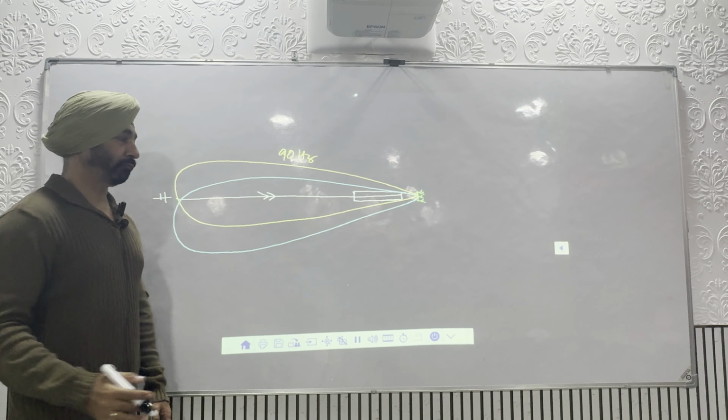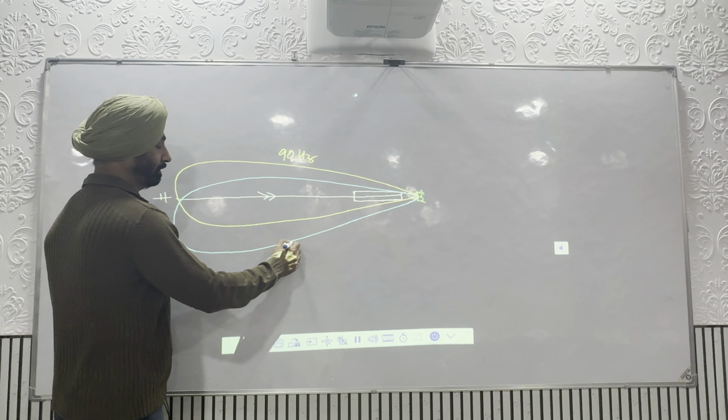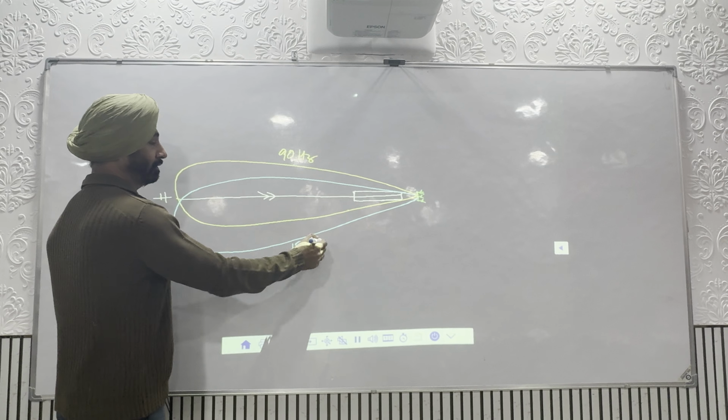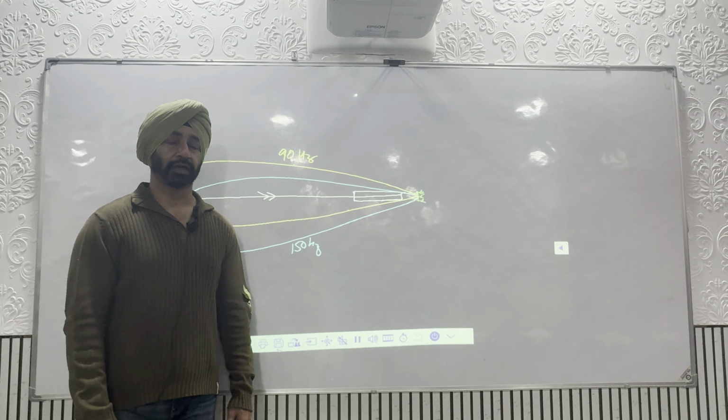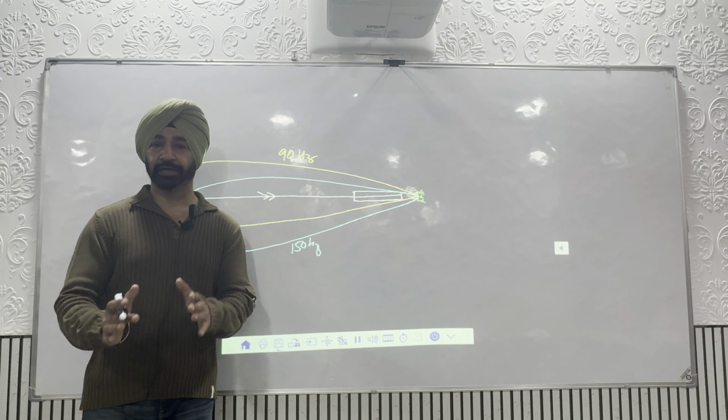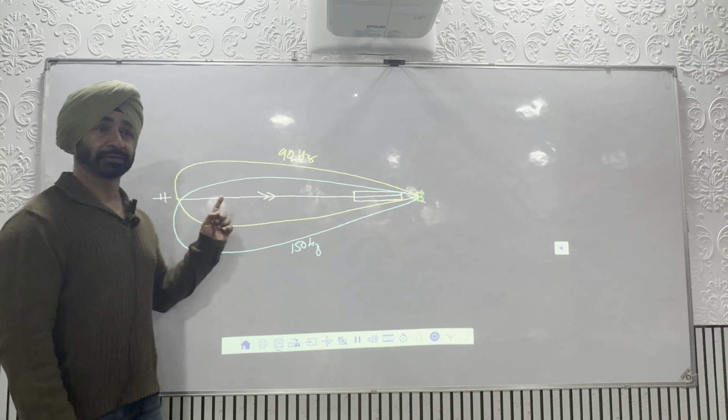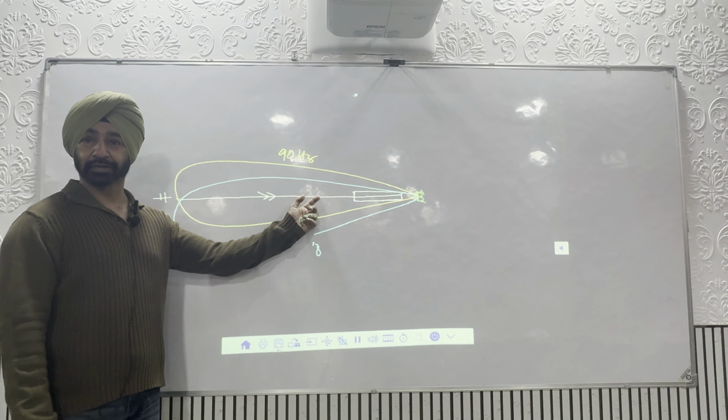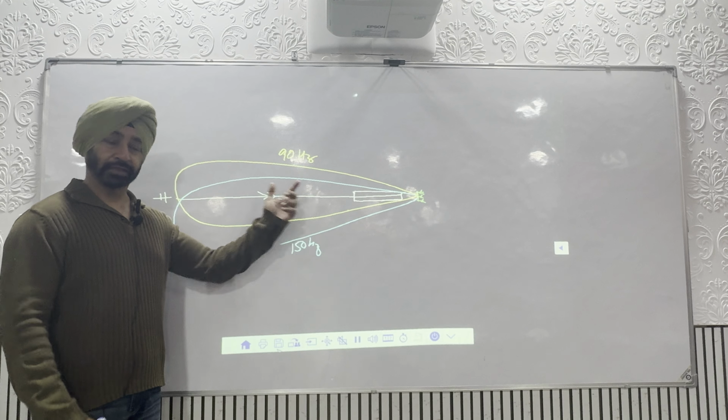So on the right side of the extended center line, this frequency is 150 hertz, and both these lobes are perfectly intersecting at the extended center line, and they have been given names.